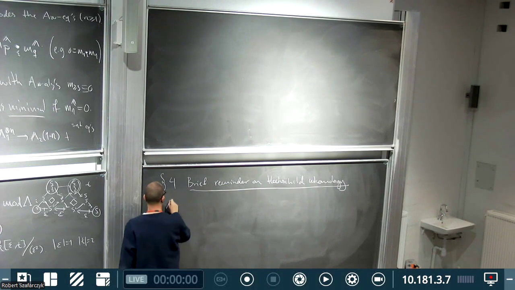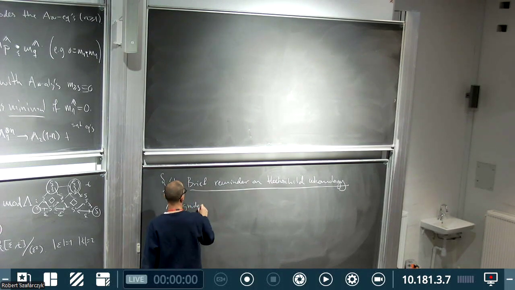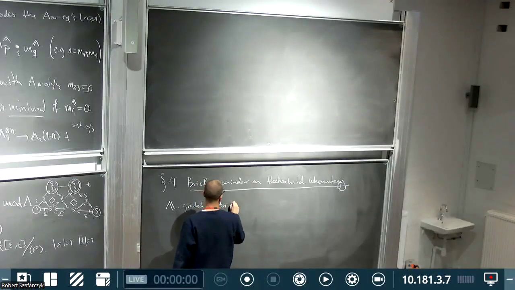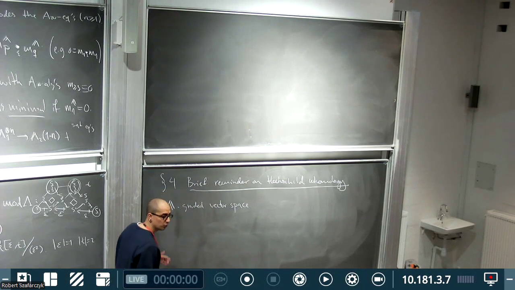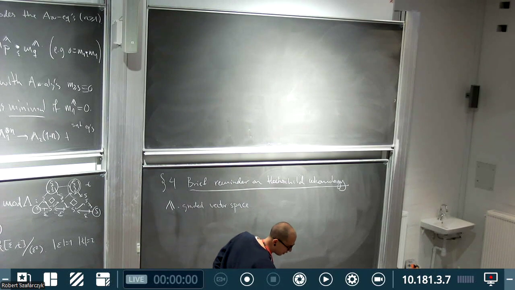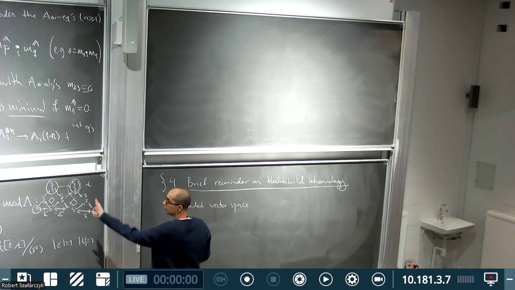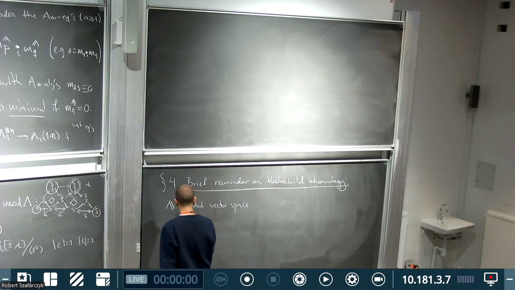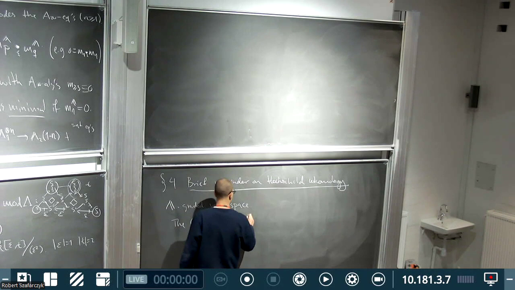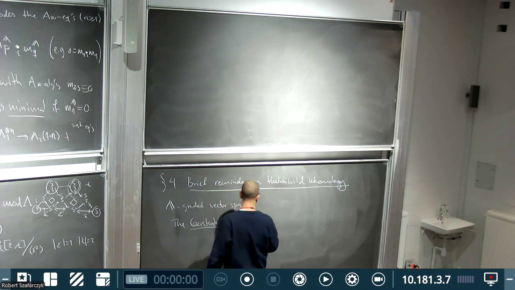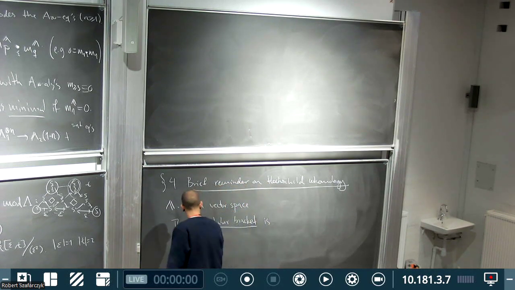So as before, I have lambda a graded vector space. And first I'm going to define 2 operations, maybe 3, on the functions. I want to turn that into a complex. So the first operation that we introduce is the brace, the bracket.